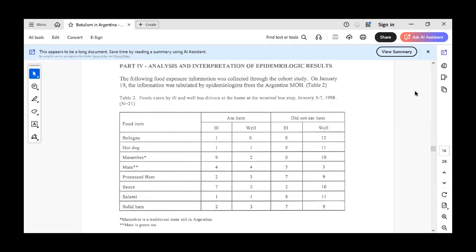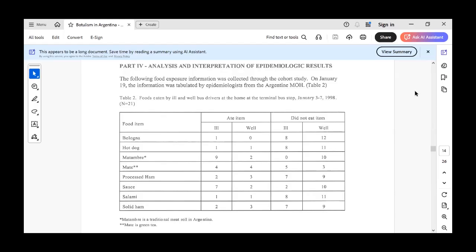So the risk of getting botulism for those who ate salami was 1.2 times the risk of botulism for those who did not eat salami, but it was not statistically significant. Thank you for wording it for me, Doc.